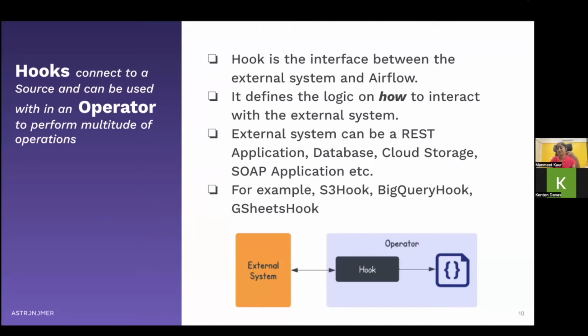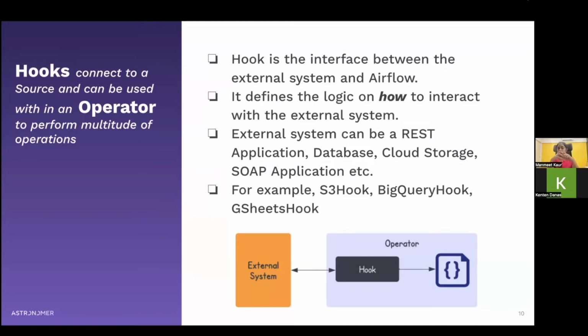This external system can be any REST application, any database, any cloud storage. Like, S3 hooks are there, a BigQuery hook is there. As an example, we have a G Sheets hook as well, which allows you to connect to Google Sheets, right? So how you interact, how you talk to the external system is something that a hook creates. It creates that connection with the external system.